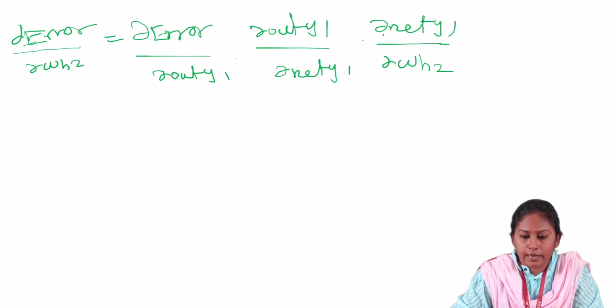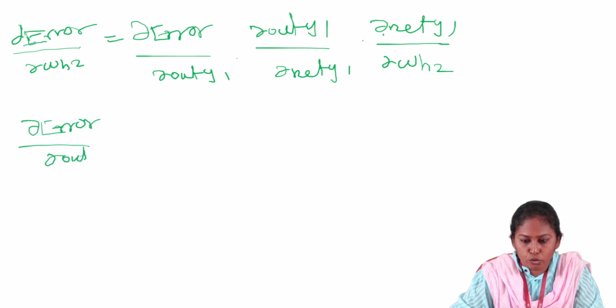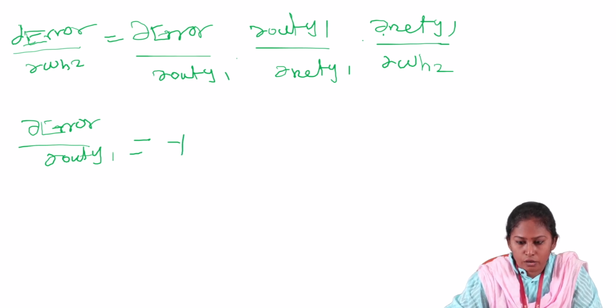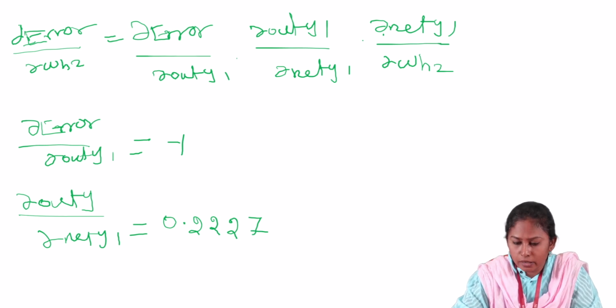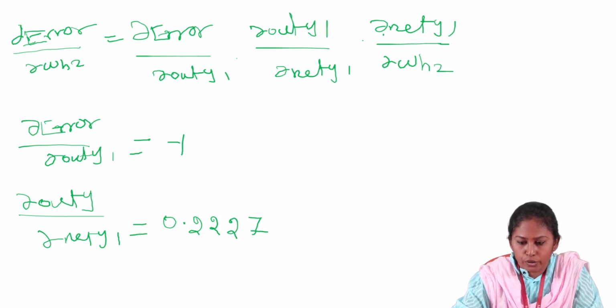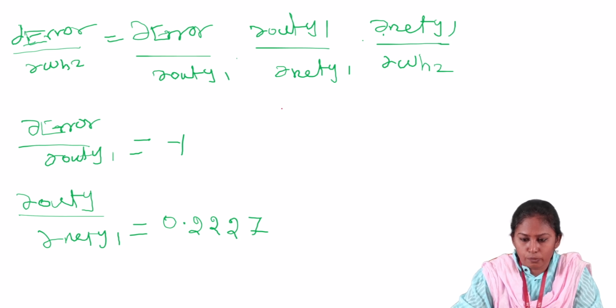Now again, like in the previous part, we are going to calculate all these values. So here ∂Error with respect to ∂out y1, there is no change from what we calculated already, which is nothing but -1, and ∂out y1 divided by ∂net y1 we have also already calculated, which is 0.2227, right? And then only this value, ∂net y1 with respect to ∂WH2.